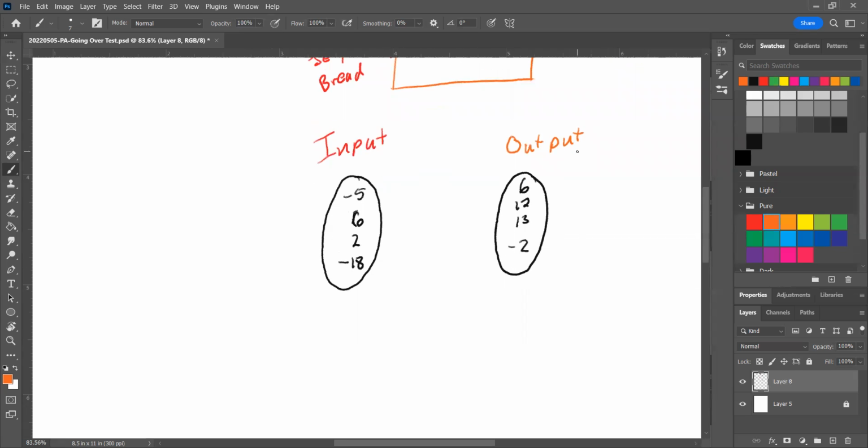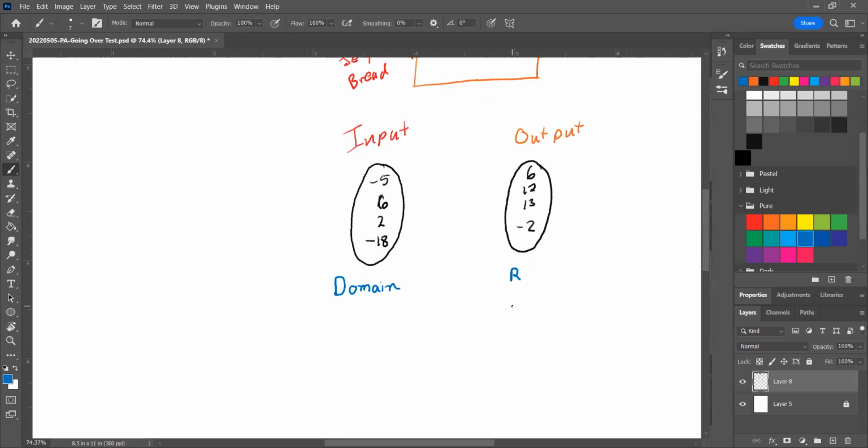The first thing before we make our connection, and start to see a little bit inside the function machine, is that input and output have two other special names. The set of all possible inputs is called the domain of the function or relation, or both. The output is called the range, which is not the same as the biggest number minus the smallest number range.